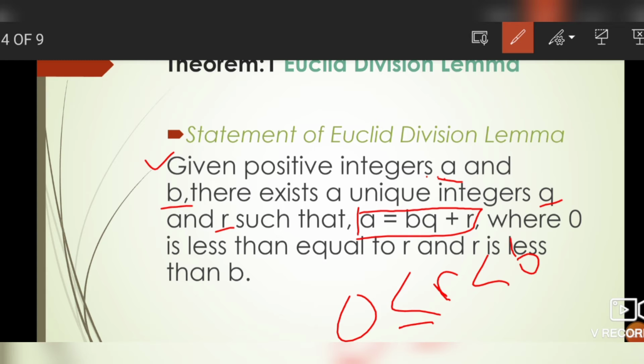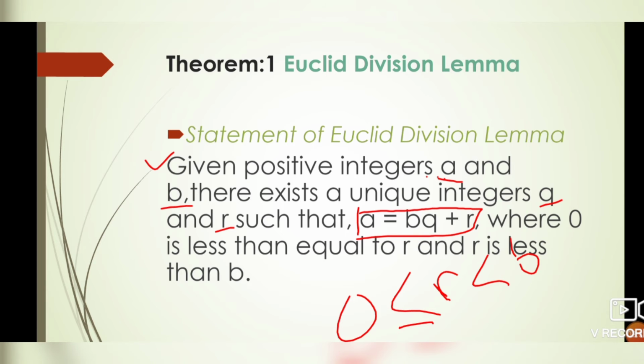So this is Euclid's division lemma. This can also be remembered as the expression that we used to use when we were in lower classes. So this is our Euclid's division lemma.